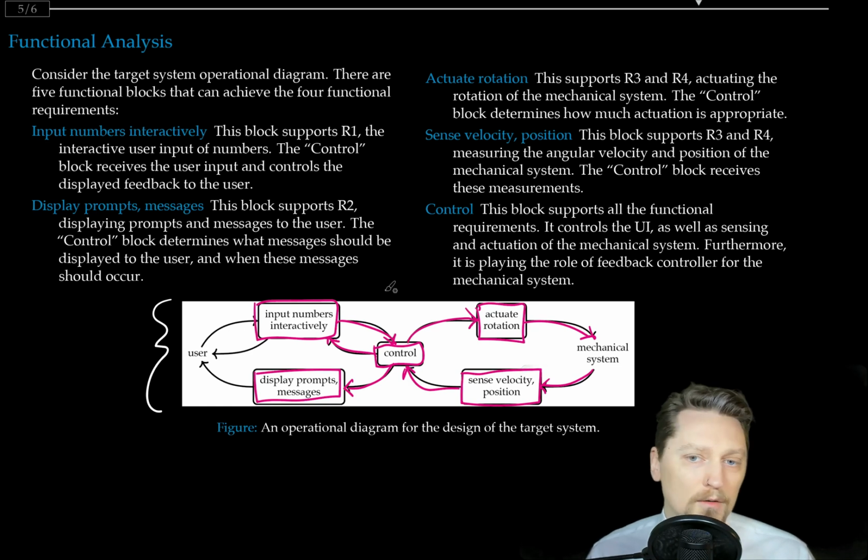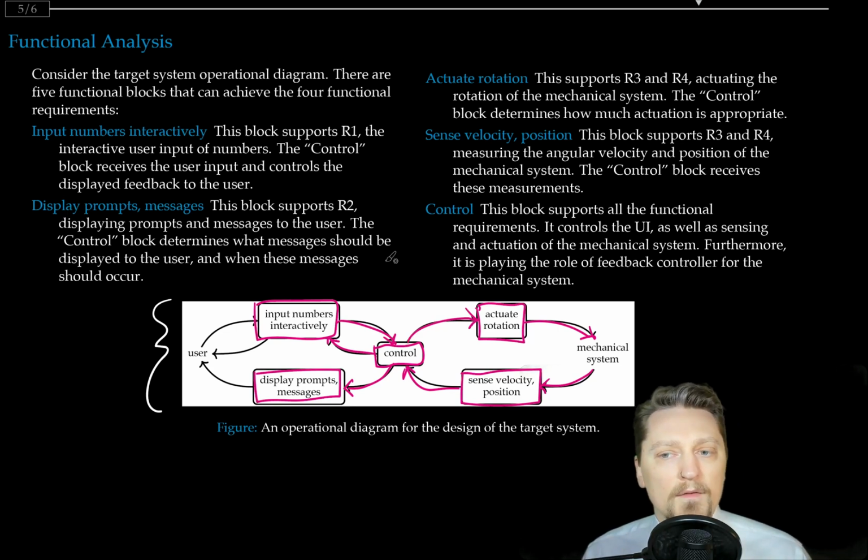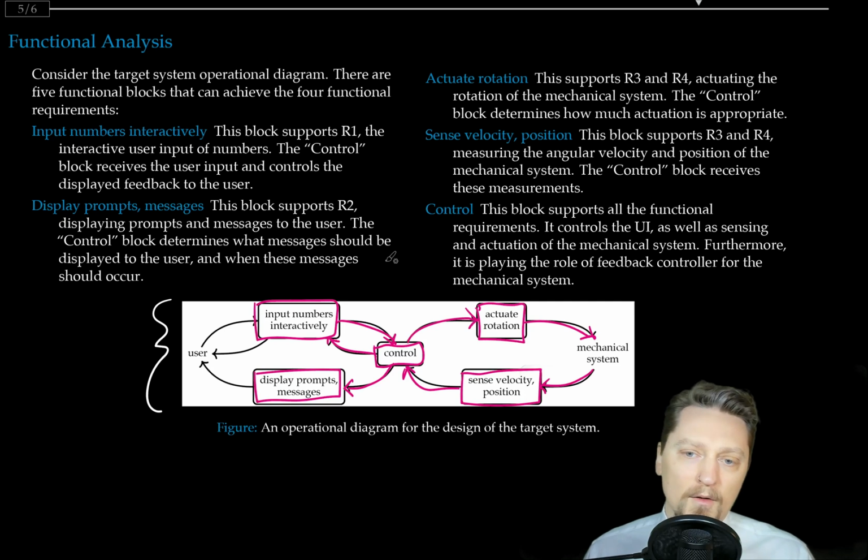Finally, control. This block supports all the functional requirements. It controls the UI as well as sensing and actuation of the mechanical system. Furthermore, it is playing the role of feedback controller for the mechanical system. So those are our 5 functional blocks that support our 4 functional requirements.